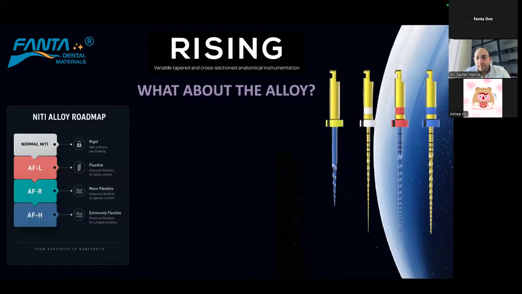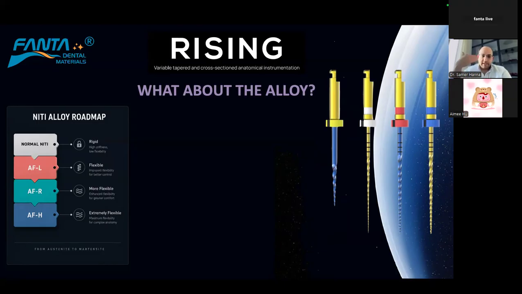So talking about the alloy, I know I just said that every file has a different alloy, but one of the biggest advantages of this file is that normally we had the normal alloy, which was always rigid, highly stiff, and low flexibility. Usually you could find it as the very silver metal looking file. And then we went into a better alloy, which was called AFL, with improved flexibility.